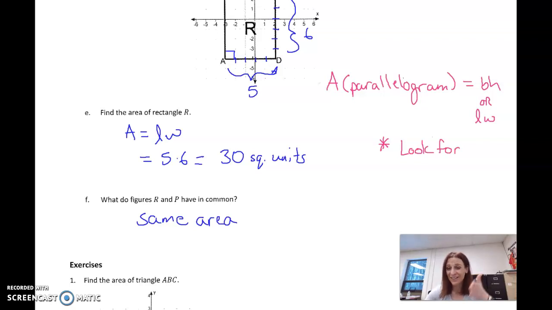You just got to look for the 90-degree angle symbol. And that is going to be this right here. Wherever the two things come at a 90-degree angle, that's going to be your base and your height.